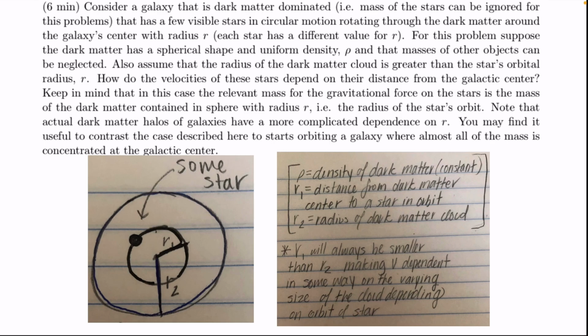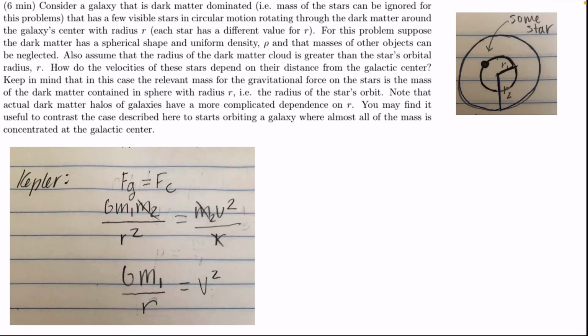And R2 is just that total radius of the massive dark matter sphere. So it's very notable that R1 is always going to be smaller than R2, making the velocity dependent in some way on the varying size of the cloud depending on the orbit of the star. So yeah, now we can continue and start solving for what that relationship is going to be.